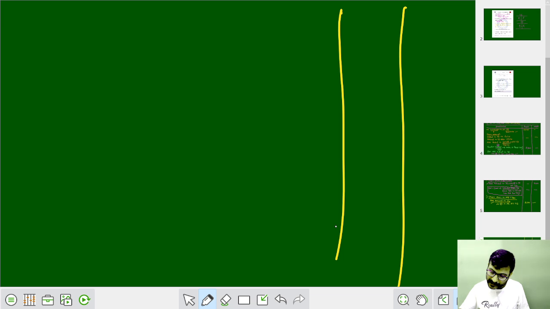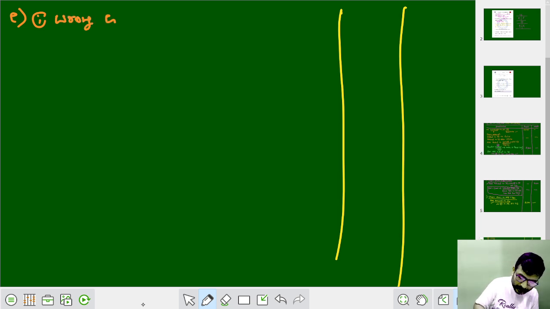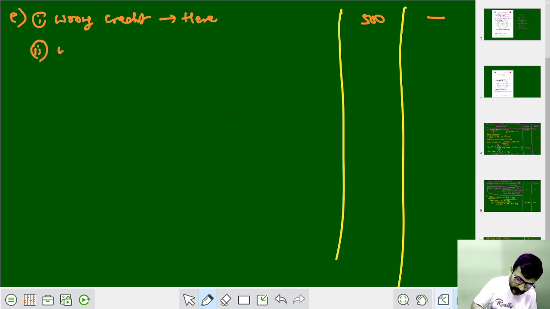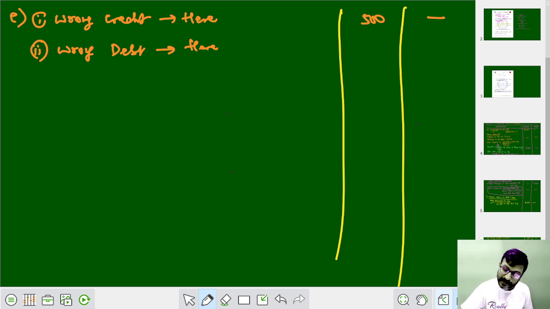E, in that sub point 1. Wrong credit, we take it on the debit side, amount 500. Another concept. Wrong debit here, amount 300. We have to take it on the credit side.